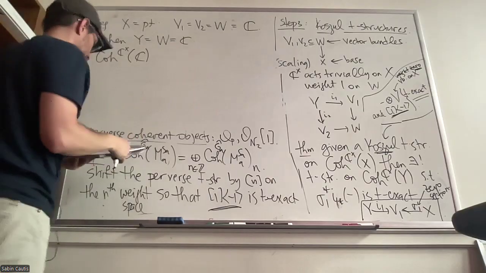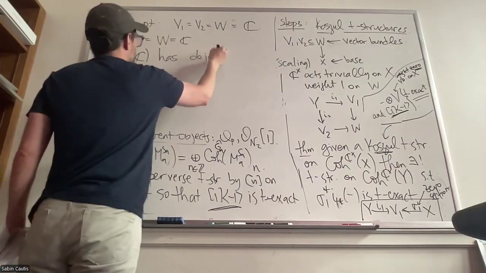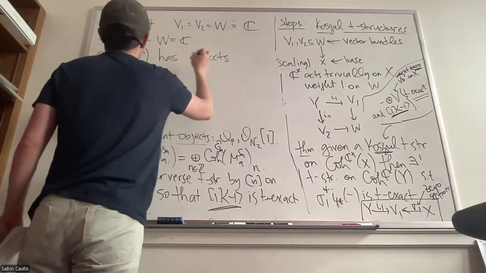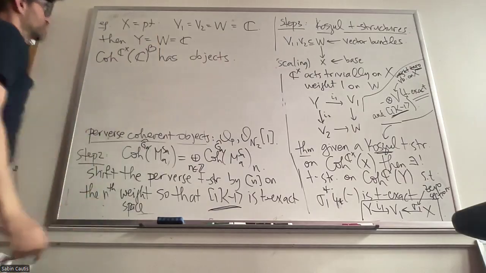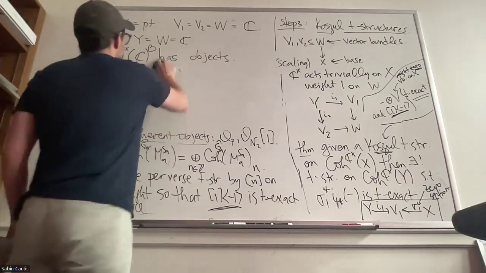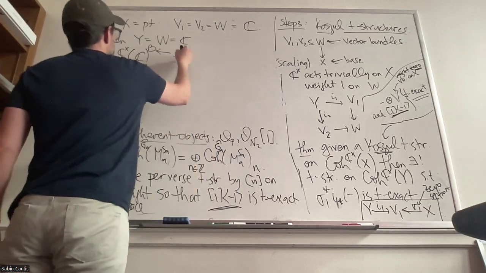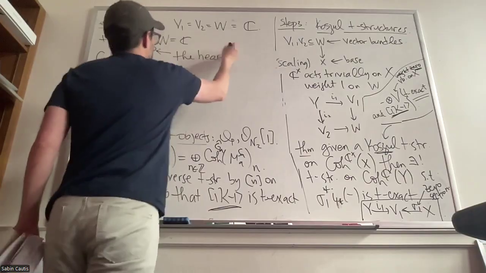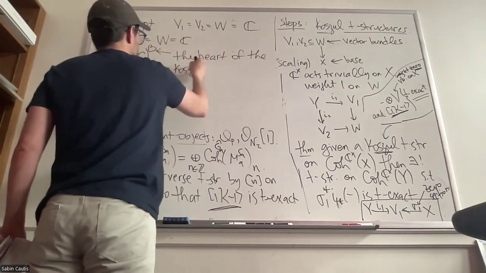Pretty simple thing. And what are some objects in this heart? Let's denote the heart by putting a little heart there. So this is the heart of the resulting causal T structure.